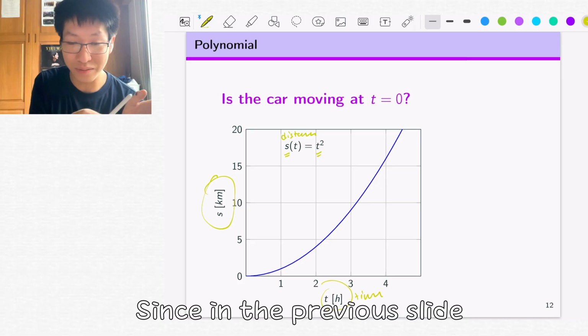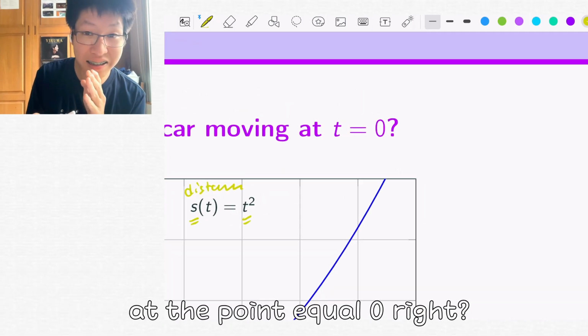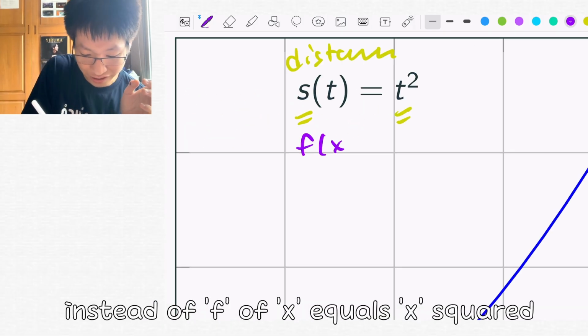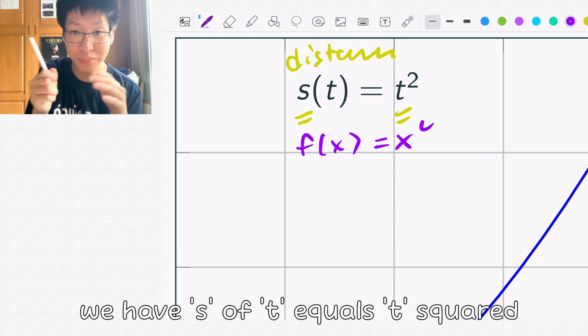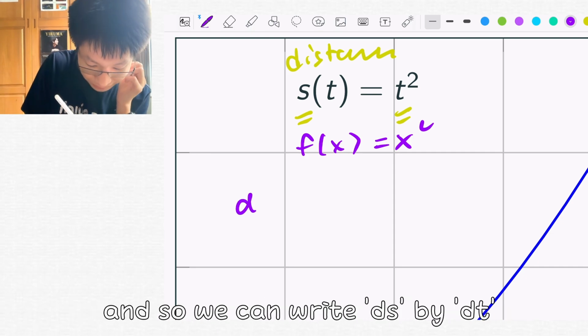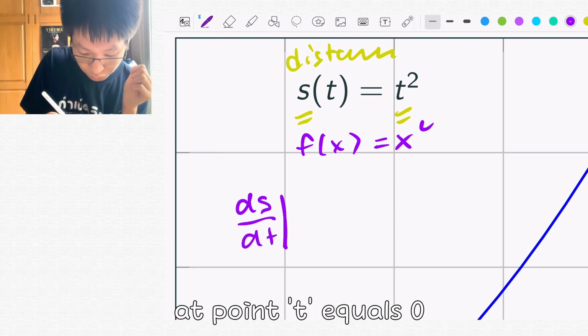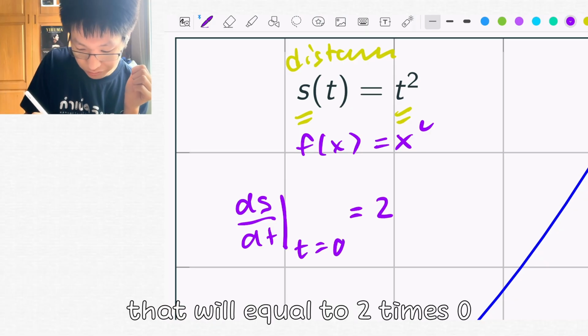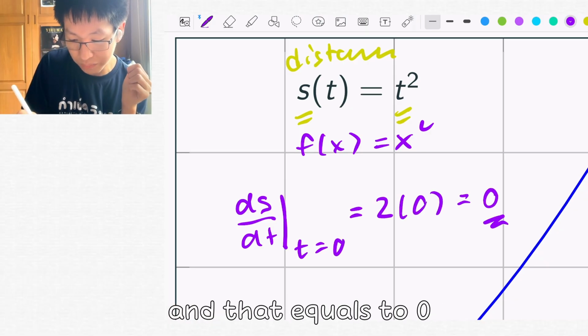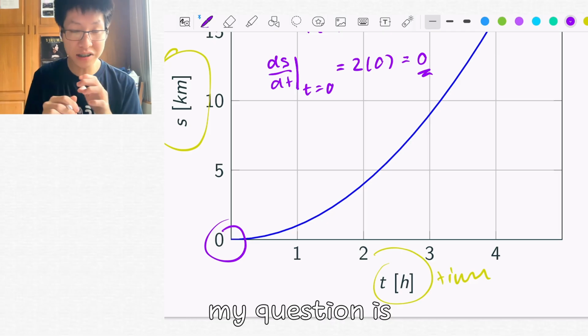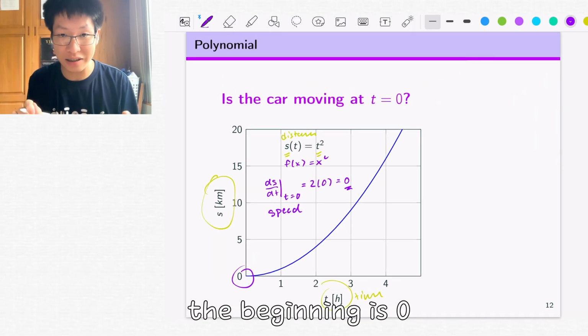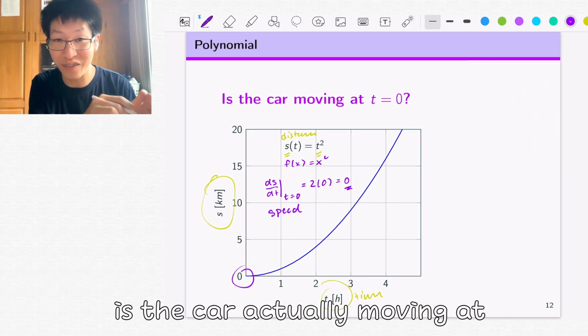In the previous slide, we found the derivative at the point equal to 0. Instead of f of x equals x squared, we have s of t equals t squared, and so we can write ds by dt at t equals 0, which equals 2 times 0, which equals 0, which is the point here. My question is, since the speed at the beginning is 0, is the car actually moving at time equals 0?